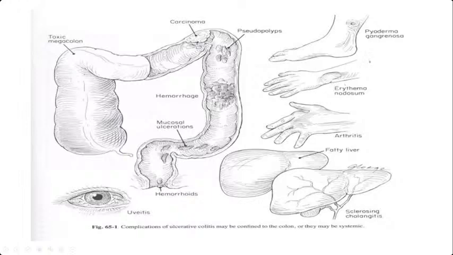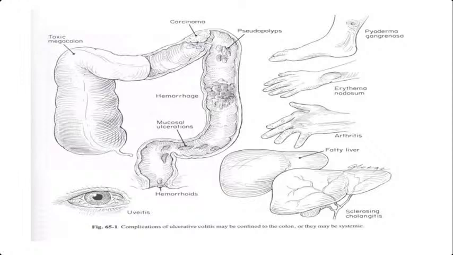Pyoderma gangrenosum. So you have these ulcers, particularly in lower limbs, erythema nodosum, arthritis that resembles rheumatoid arthritis, fatty liver, and sclerosing cholangitis. All these complications of ulcerative colitis, both systemic and local complications.